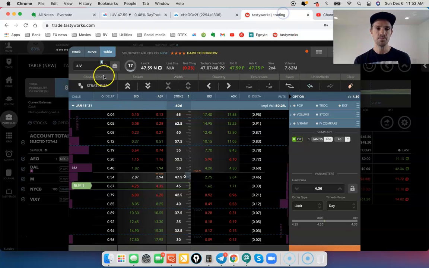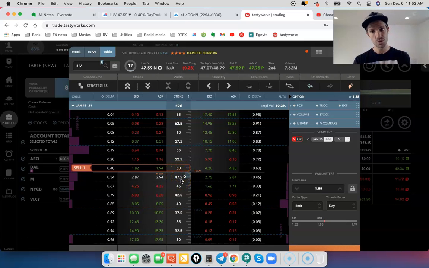Here's a little example. This would be selling a call option. Here's the stock trading at $47.59, so that is at the money right there. If I own the stock at $47.50 and I sell a $50 strike price, if I get taken out at $50, I'm going to make the difference from $47.50 to $50, which is $2.50 a share, or $250 for every 100 shares I own.